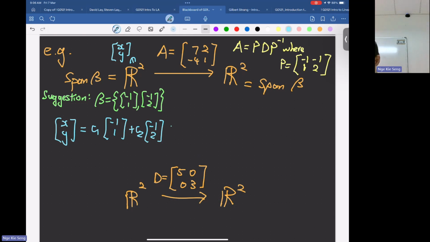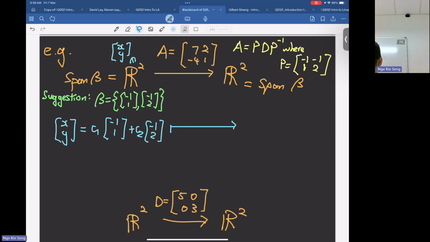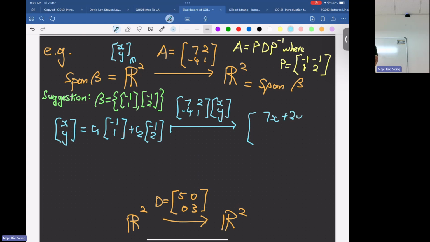What happens if you do the usual way? You can't see the pattern. You will just see that (x, y) gets sent to (7x + 2y, -4x + y). You cannot see anything useful here.